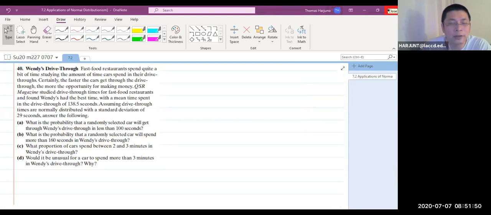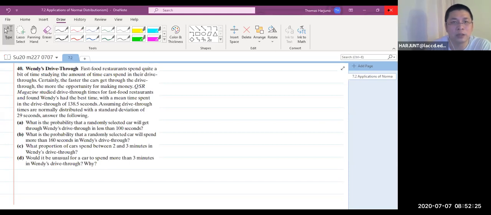Fast food restaurants spend quite a bit of time studying the amount of time cars spend in their drive-thru. Certainly, the faster the cars get through the drive-thru, the more opportunity to make money. QSR magazine studied drive-thru times for fast food restaurants and found that Wendy's had the best time, with a mean time spent in drive-thru of 138.5 seconds.